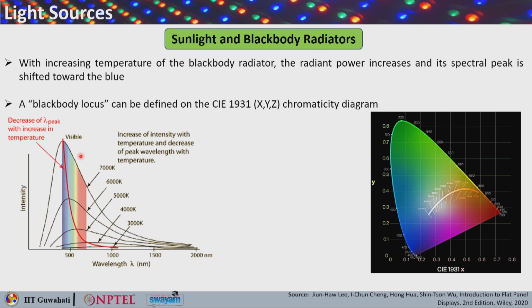If you put this black body radiation pattern, or black body locus, on the CIE 1931 XYZ chromaticity diagram, it looks like this. You start at around 1500 Kelvin from the red side, and slowly you move towards white and then towards blue, somewhere around 20,000 Kelvin.